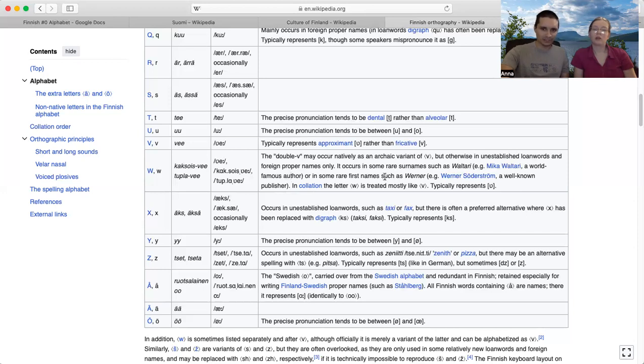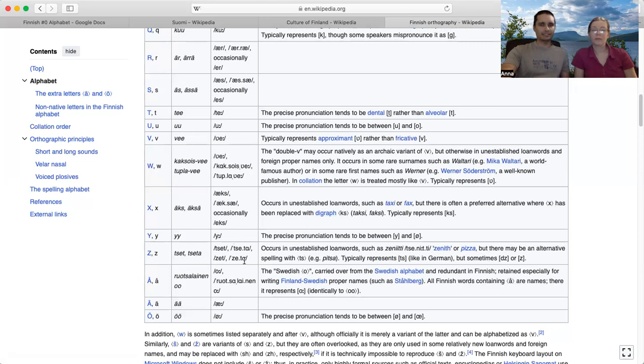I didn't know he's world famous. But still, it can be kind of like a spelling tradition already. Yeah, that's not Swedish. But when Finnish was written first, in the old orthography, they used W for V much more.